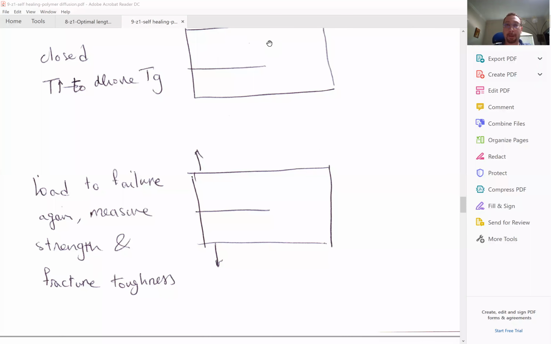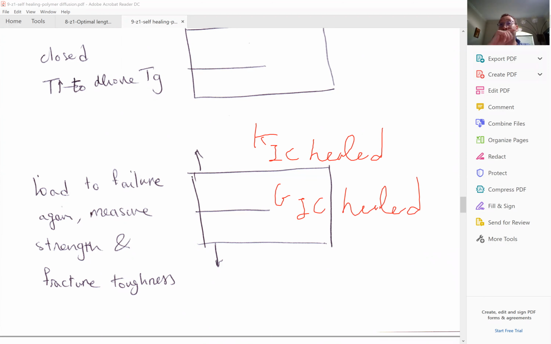And this time, when we measure it, we call it K1C of healed or G1C of healed. And the properties for the damaged state were 0 because the material had split apart.